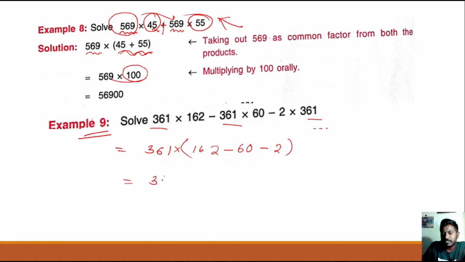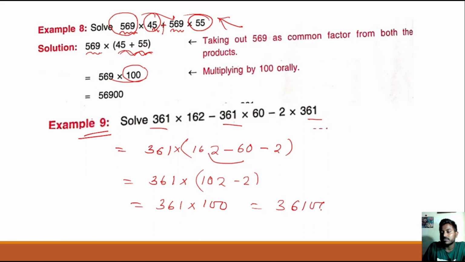Now 361 into 162 minus 60 minus 2. First we subtract 162 minus 60, that is 102, minus 2, that is 100. Now multiply, 36100.